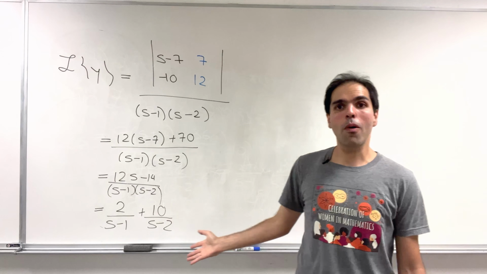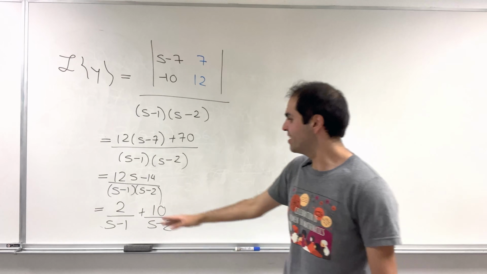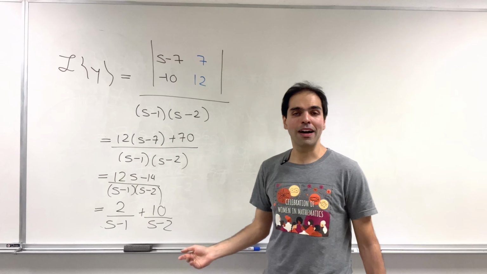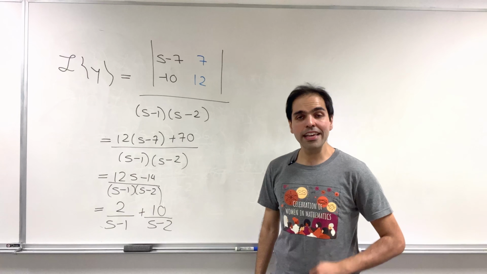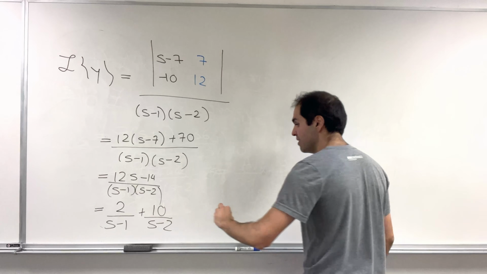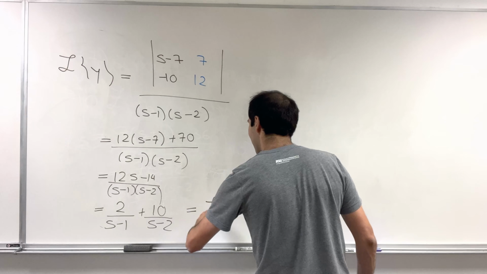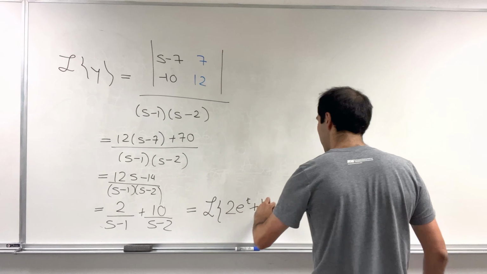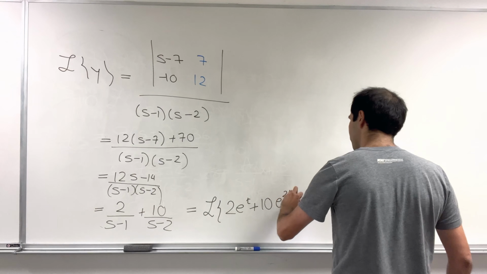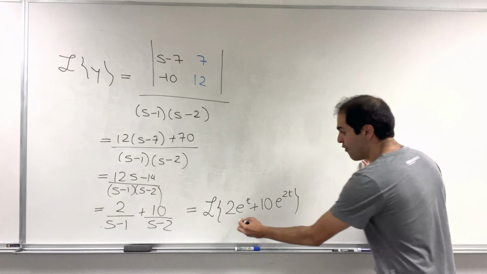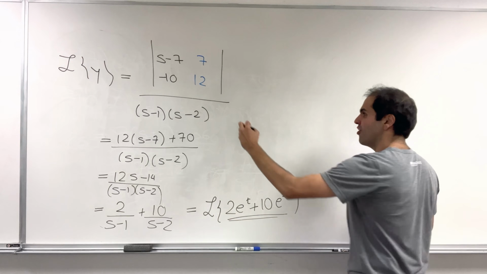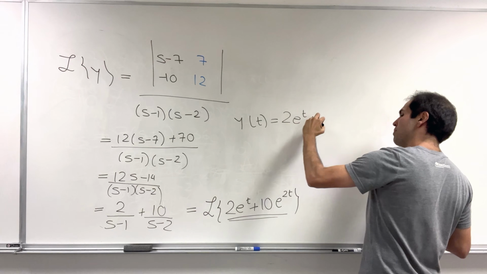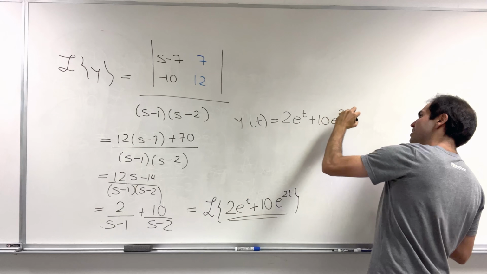You do another partial fraction decomposition to get 2 over s minus 1 plus 10 over s minus 2. And once again, we have the great reveal. This becomes the Laplace transform of 2e to the t plus 10 e to the 2t. And therefore, our second function y is 2e to the t plus 10 e to the 2t.